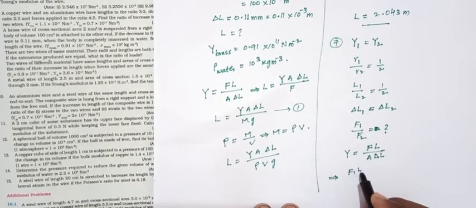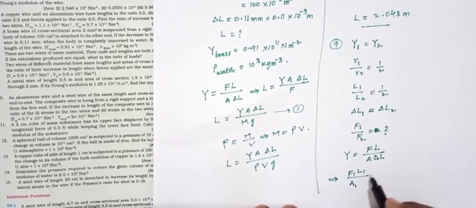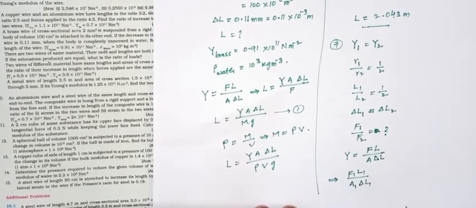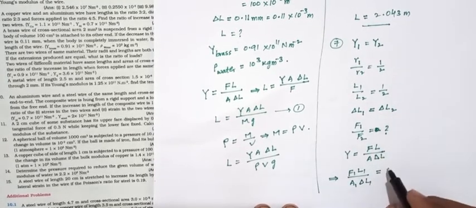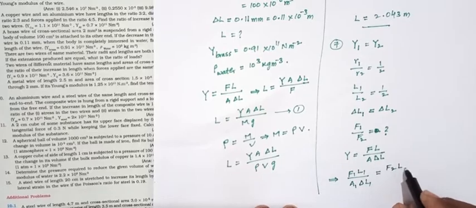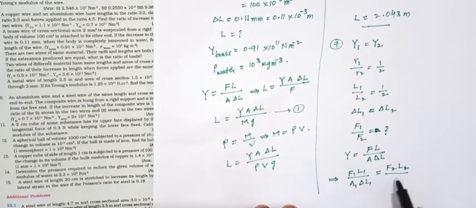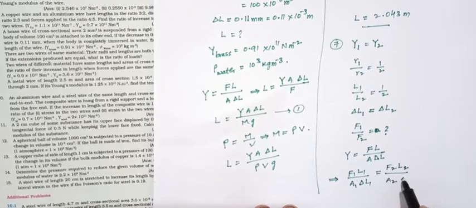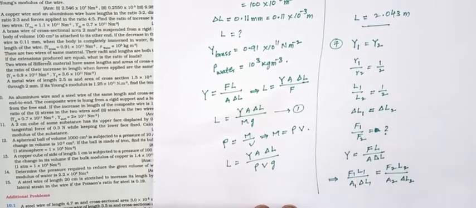F1 L1 divided by A1 into delta L1 equals F2 L2 divided by A2 into delta L2. Delta L1 equals delta L2.